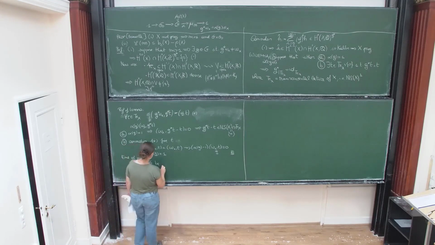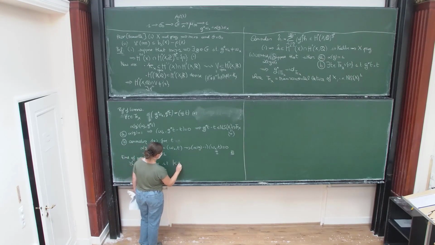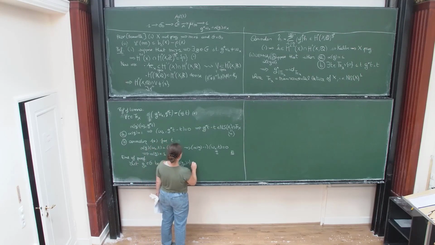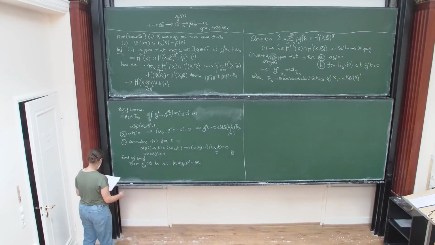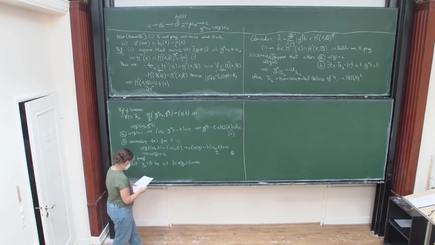So the group spanned by alpha of G0 is exactly M.